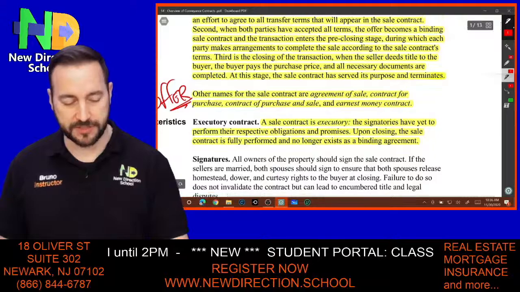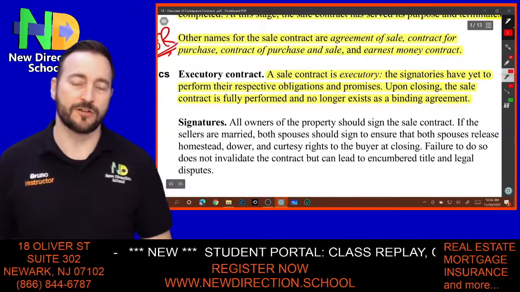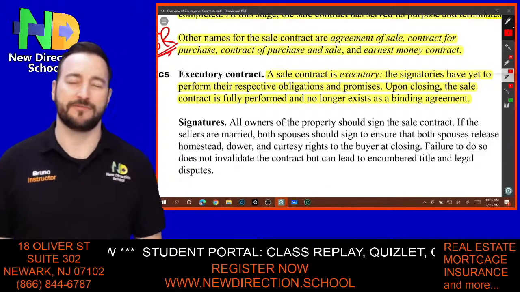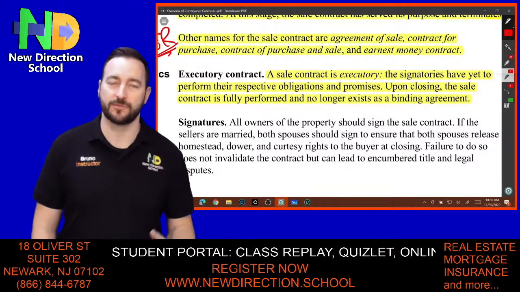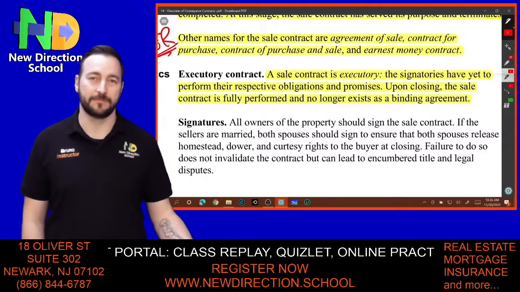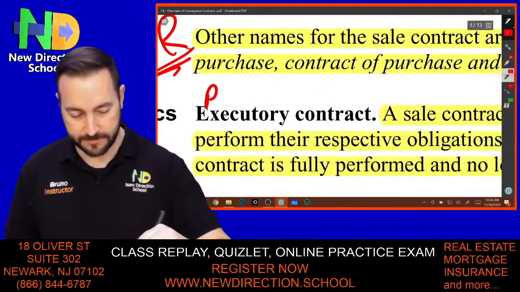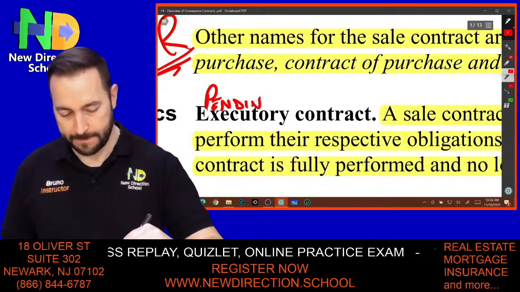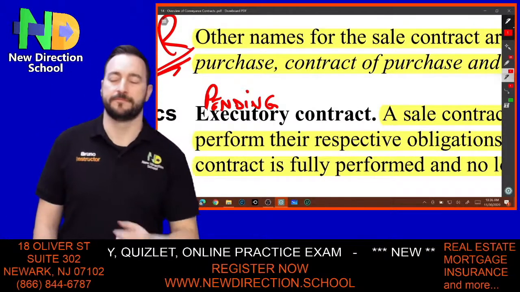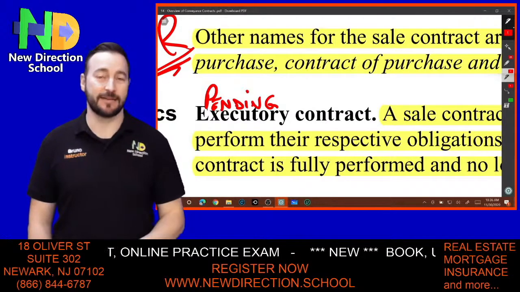Now, the characteristics of a contract, right, is that it starts by being executory. If you remember from the chapter on contracts, executory means something is pending, right? Executory means pending contract. So I put an offer. There's no validity to it until it's accepted.